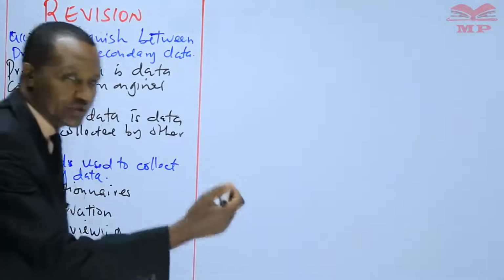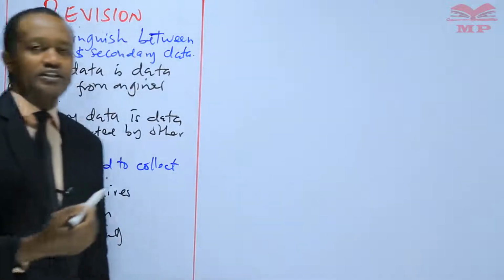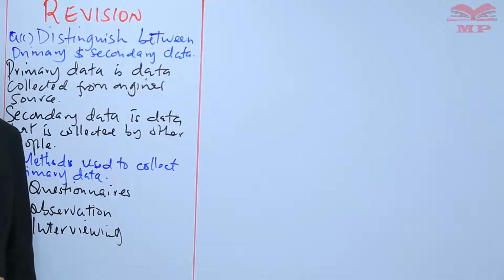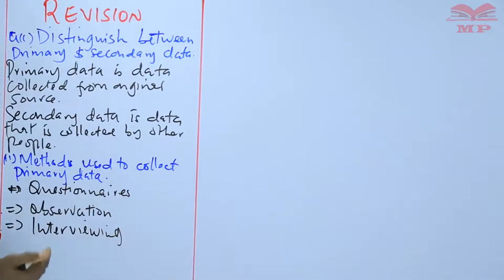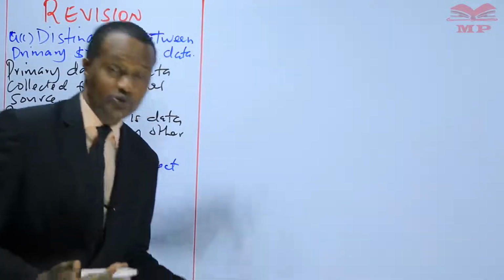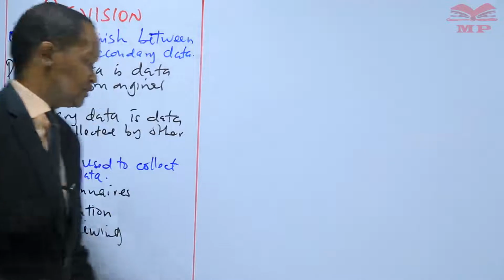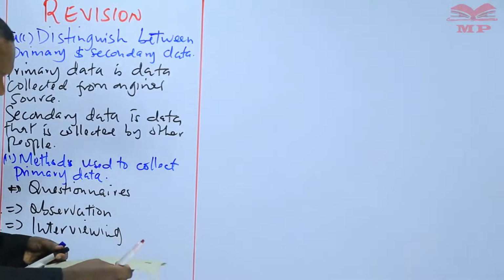You ask questions, then the respondent gives the answers as you write down the answers. Interview is a conversation between the one carrying out investigation and the one providing the data. So these are three methods that can be used to collect primary data.